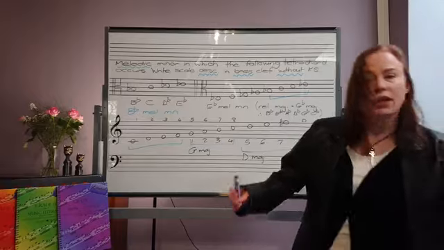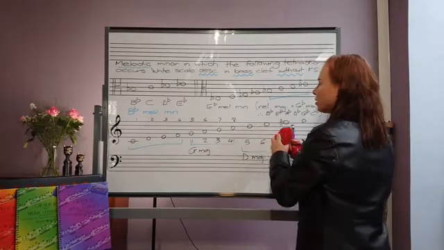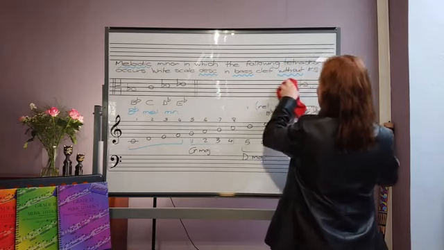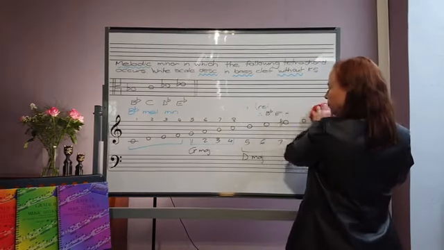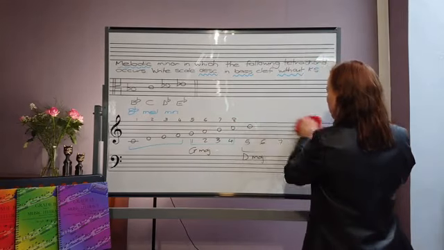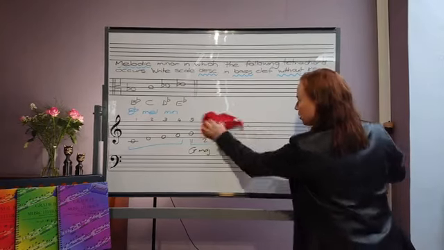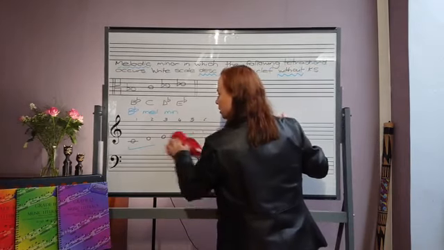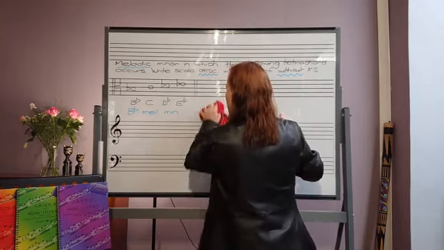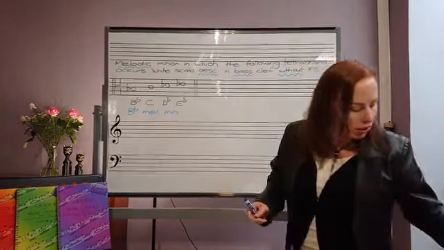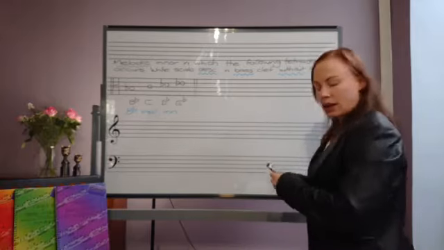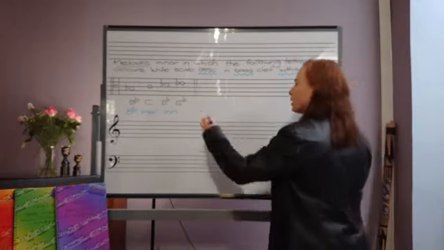So let's have a look at how our scale is going to look. We don't need this anymore, so just to clear the board a bit and make it less confusing and cluttered, let's just do that. Okay, so it says that we need to write the scale descending in the bass clef.